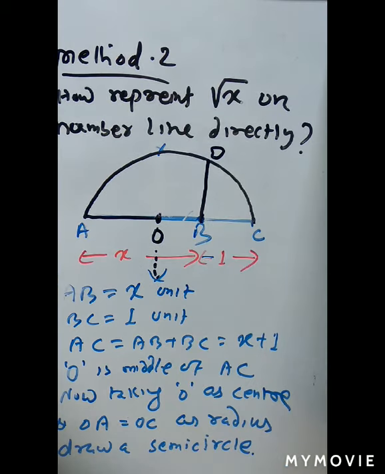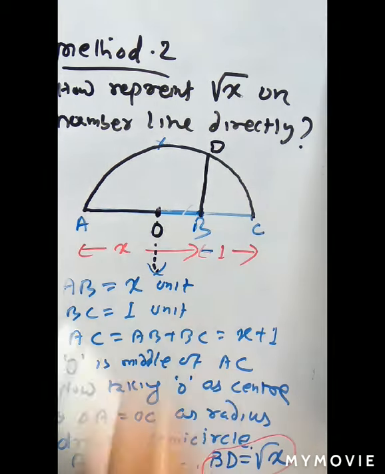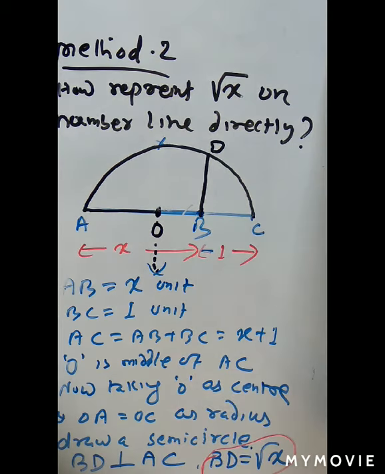Let us say BD. This BD is perpendicular to the line AC. Now the value of BD will give the square root of x. So this is the method. I will prove how the BD value is equal to the square root of x. Is it clear?